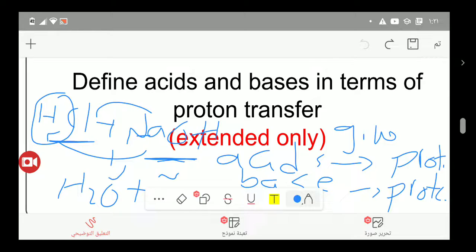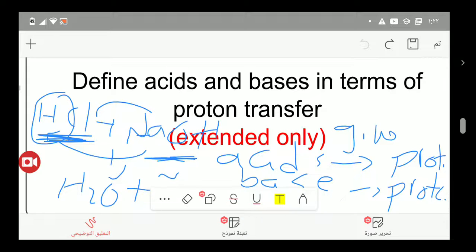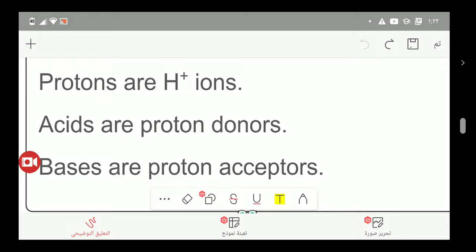The acid gives hydrogen, and the base accepts or gains hydrogen. We can say it another way: acids give protons and bases take protons. Acids are proton donors, bases are proton acceptors.